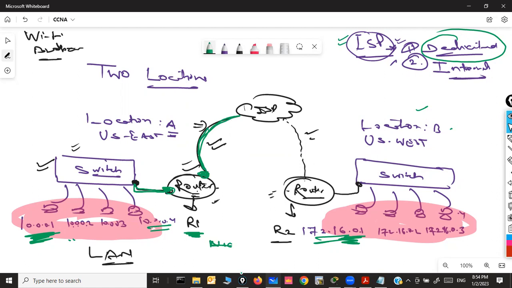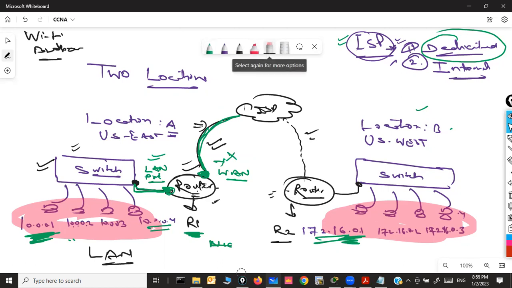One for external connectivity, the WAN port, and another one is the LAN port, local area network port. Both ports need to be assigned an IP address, right? Today I'm not going to talk about the WAN port. Mainly, I want to focus on the LAN port, local area network port.